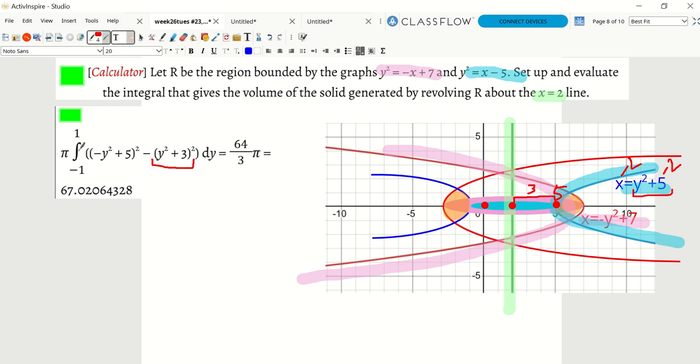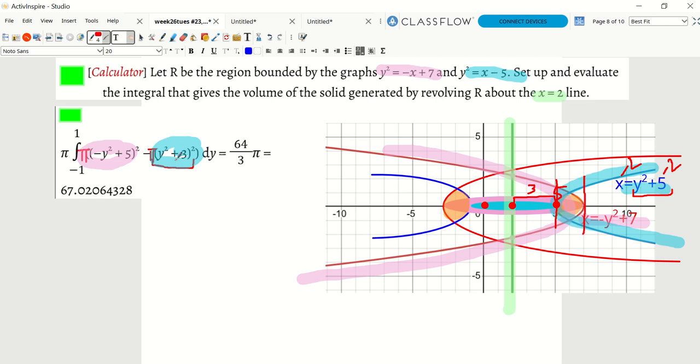So again, let's just reiterate conceptually what we're doing. This right here is the two-dimensional area of the pink disk. This is the two-dimensional area of the blue disk. And pink minus blue gives you the remaining orange, which is in between these two vertical lines right here.